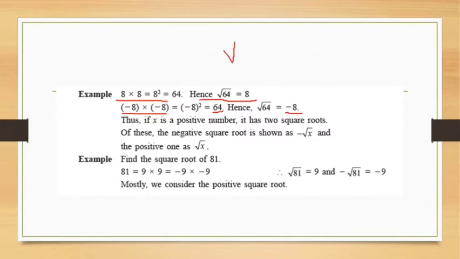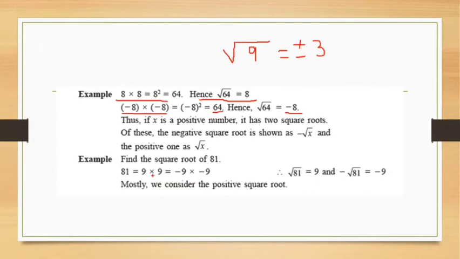So, if I ask you to find the square root of 9, it can be plus or minus 3. It can be positive 3 or it can be negative 3. Square of 9 is 81.